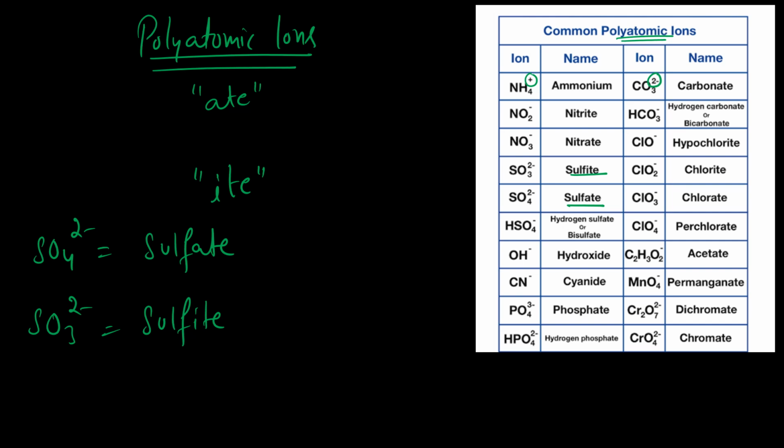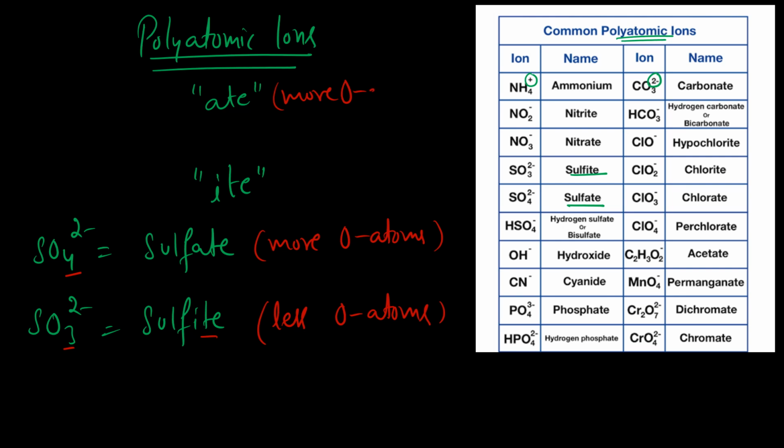You may see that the ion that comes with more oxygen atoms should be written with "ate", while the ions that come with fewer oxygen atoms should be written with "ite". Now let's see a few examples of that.